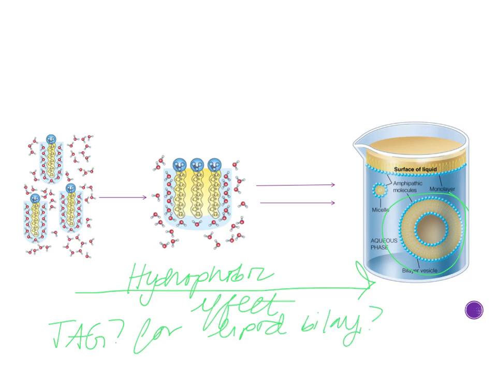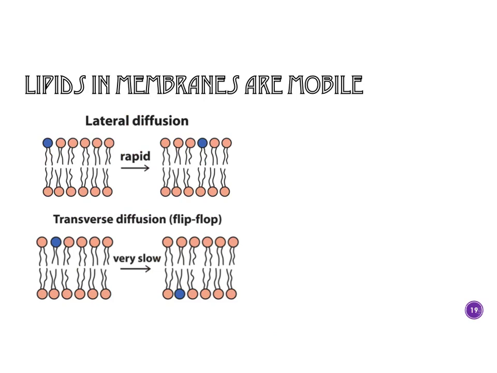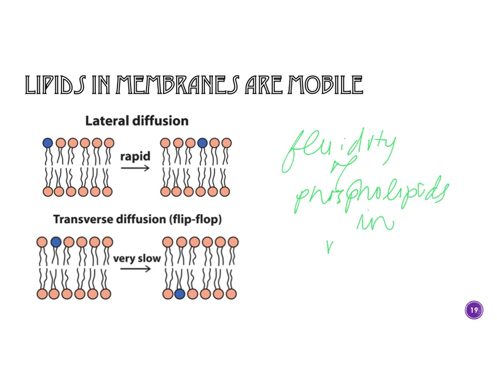Why is that not happening? Okay. There's a couple animations that I uploaded to our Canvas site that I hope that you have a chance to take a look at, because for one, they really show the fluidity of phospholipids in the membrane.